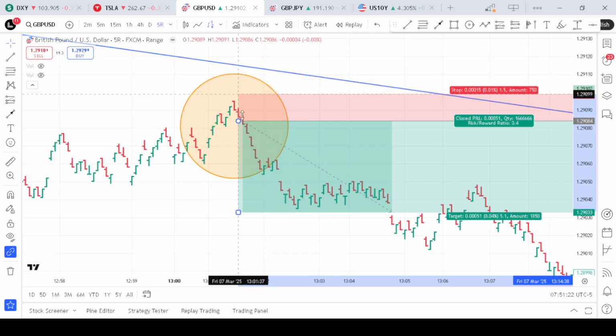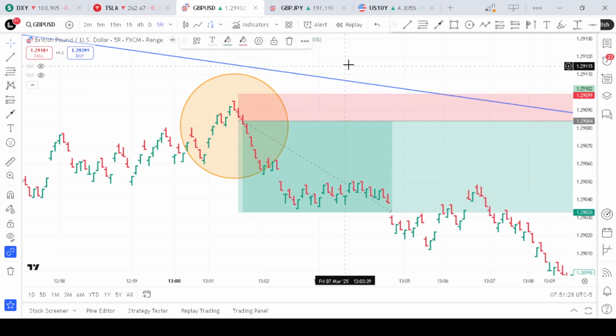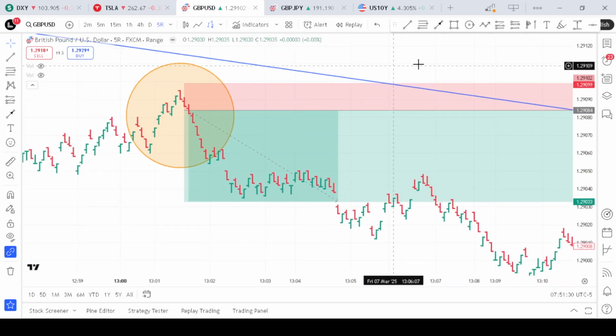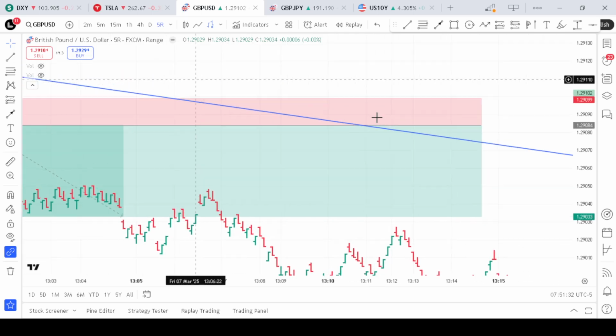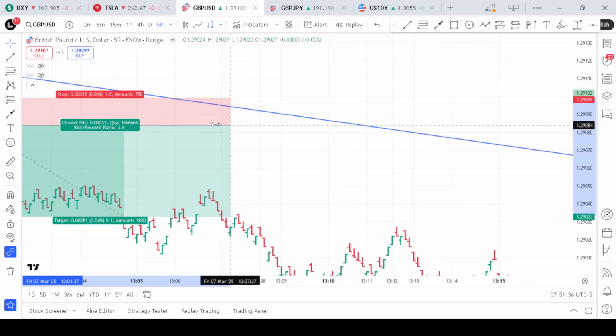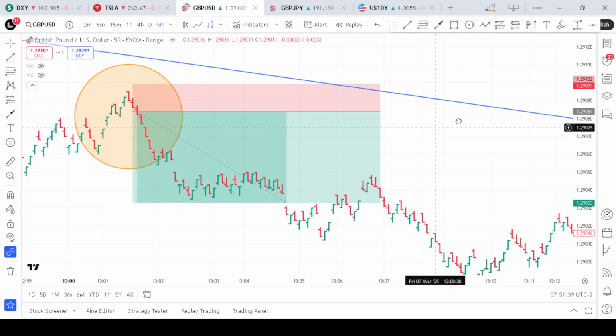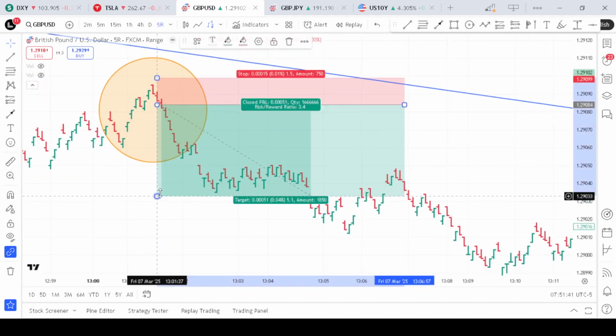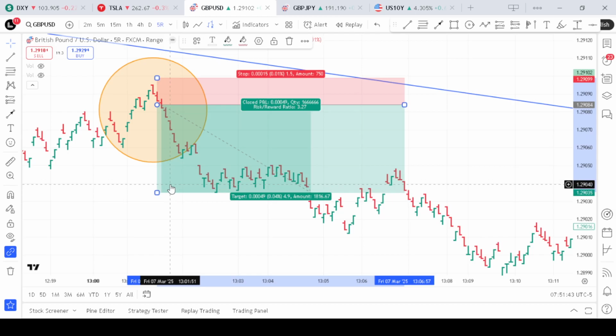As we can see, it has closed below. You just enter your trade and put your stop loss above the high of the previous bar candle, and we target a minimum of 1:3 or 1:2, as the case may be. This is how we can capitalize on this trading strategy.